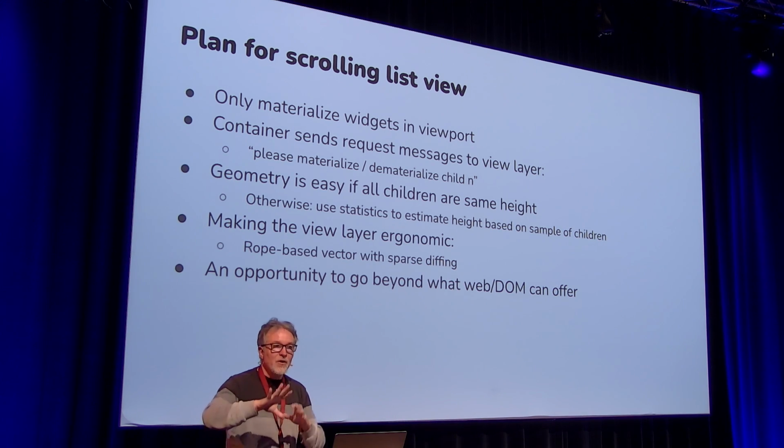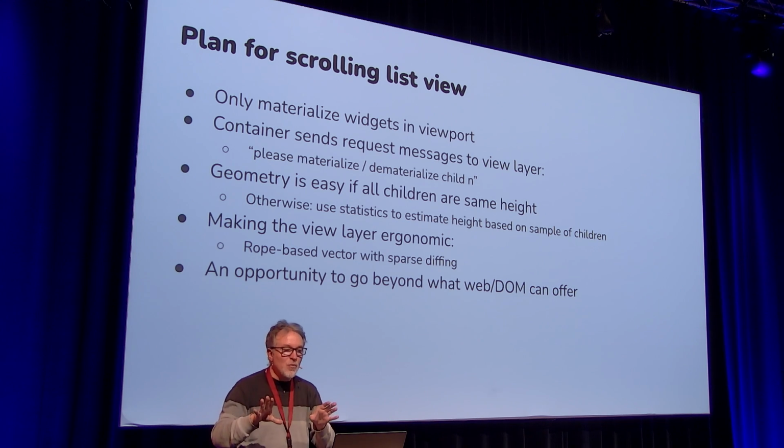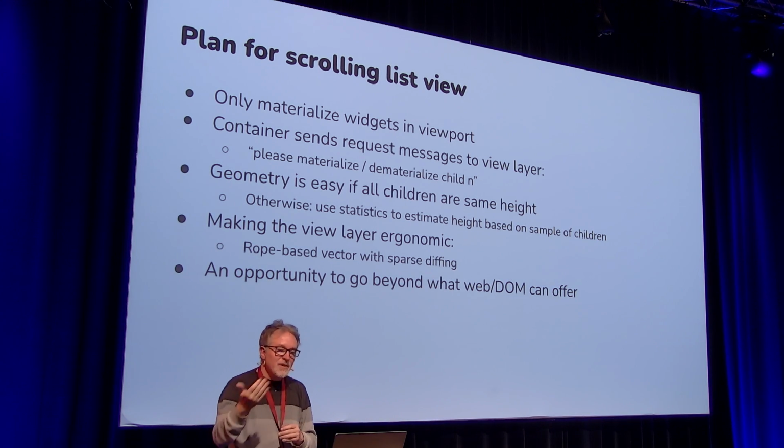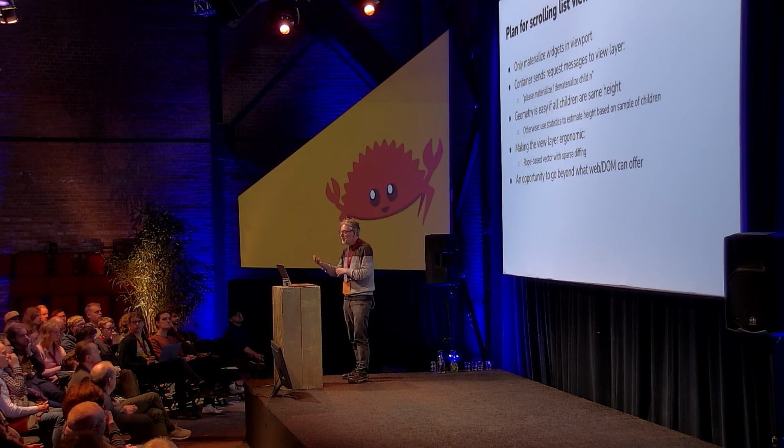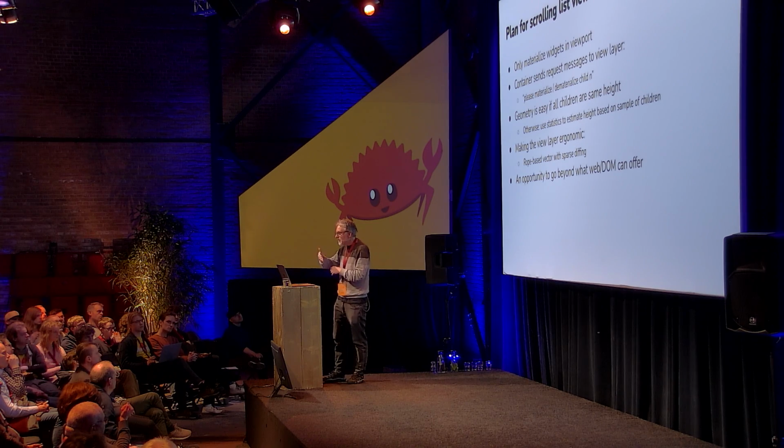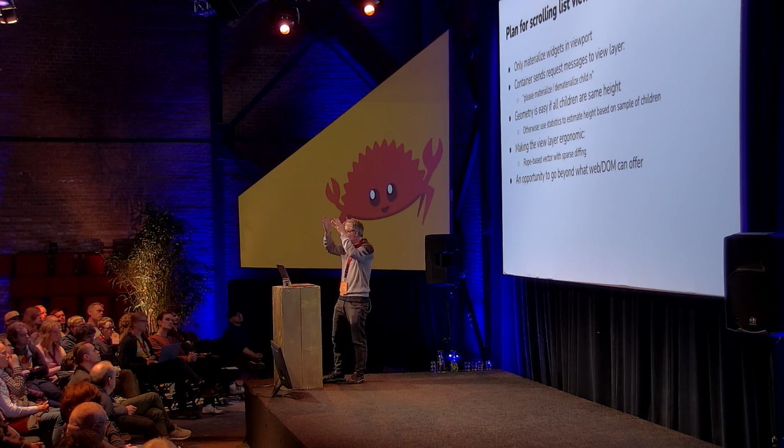The widget layer knows what widgets are available and which ones are being scrolled into the viewport, and then you're sending messages. And if you think about it, those messages are not that different than saying, hey, this button has been clicked at this time. But instead, you're saying, please materialize this widget that's being scrolled into view and dematerialize it when you don't need it.